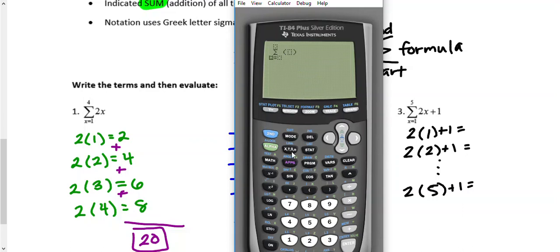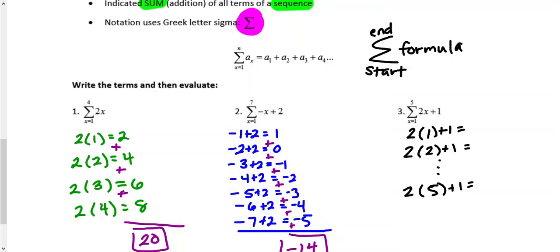So the bottom is x equals 1. Then we can arrow up. We're going to 5. And my formula is 2x plus 1. Hit enter. And so for number 3, our answer is 35. And yes, you can just use your calculator with the E's from here on out.